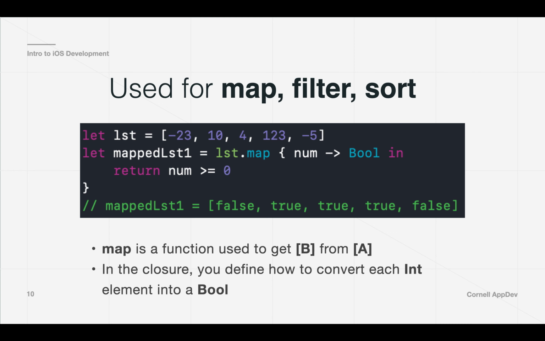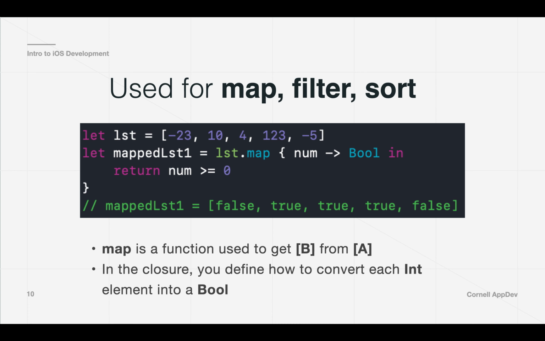You create a function that returns true or false based on whether it's positive or negative, and you then pass it into the function map. What map does is it takes this closure and runs it on every single element.